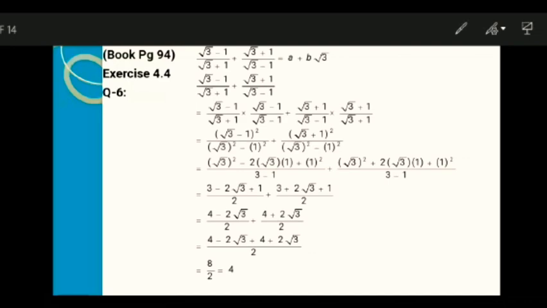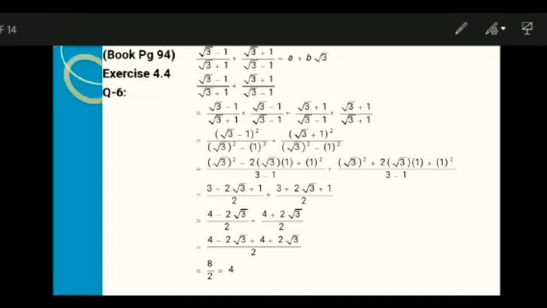Under root 3 minus 1 over under root 3 plus 1 is going to be multiplied by its conjugate, that is under root 3 minus 1 divided by under root 3 minus 1. For the second term, multiply and divide by the conjugate of the denominator, which is under root 3 plus 1 divided by under root 3 plus 1. Straight multiplication, you know that numerator multiplied by numerator, denominator multiplied by denominator.